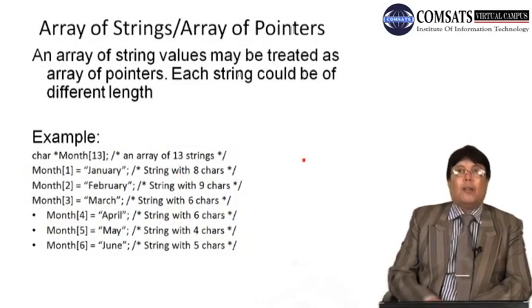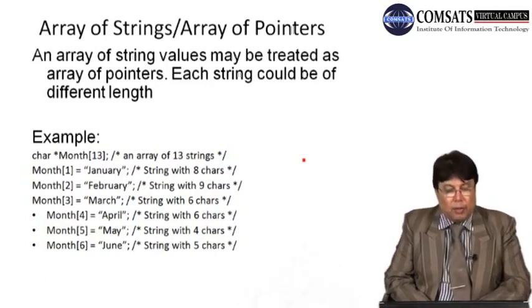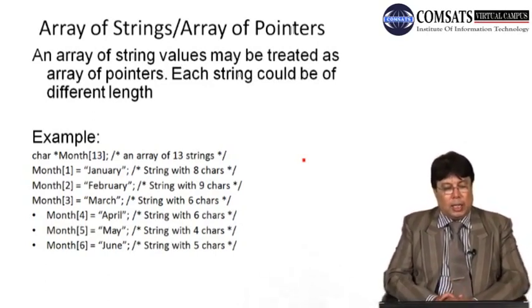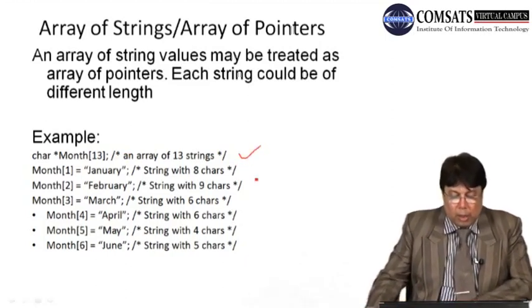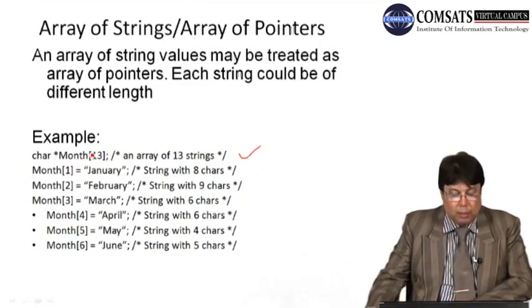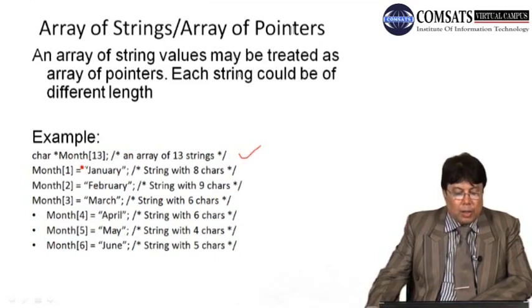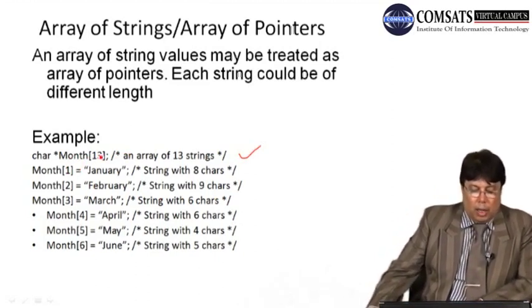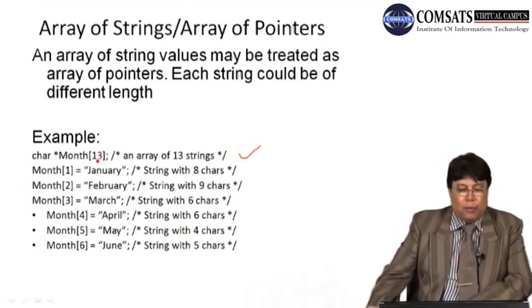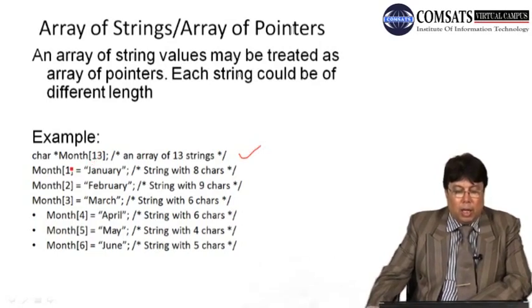So let us see a very good example. In this example we use an array month, and suppose we have defined this array month of 13 characters. We use 13 because we don't want to use index 0, because 0 is no month.